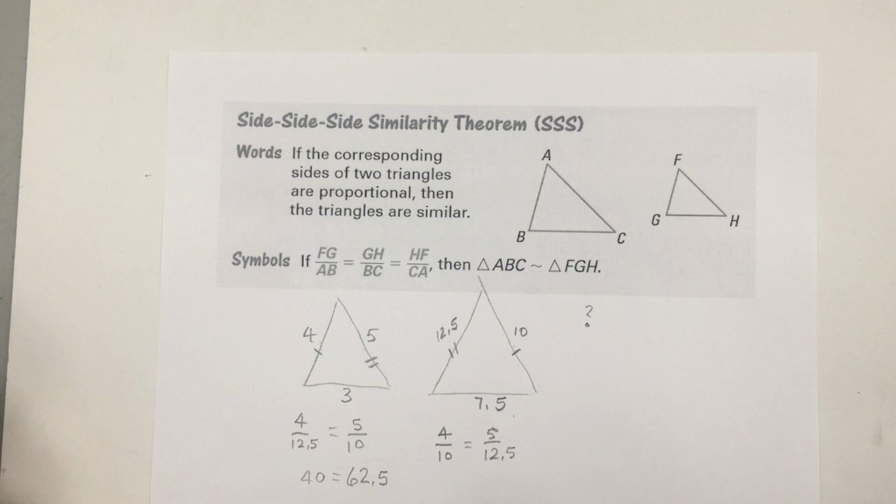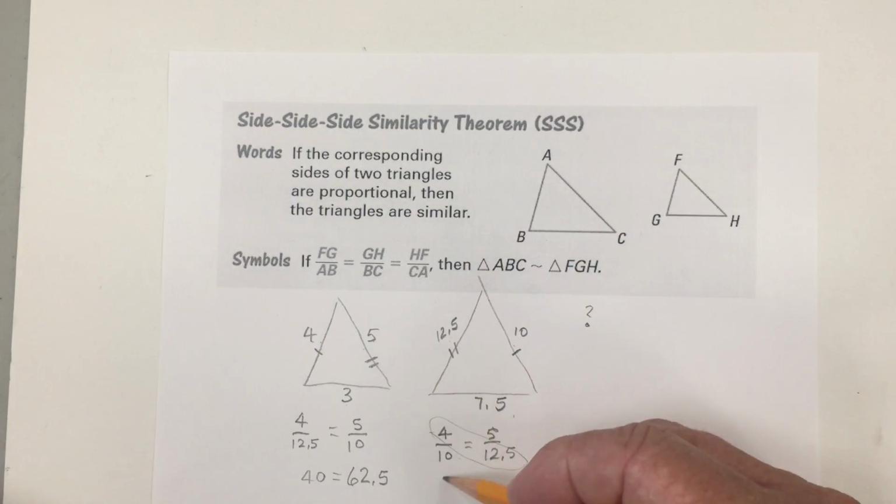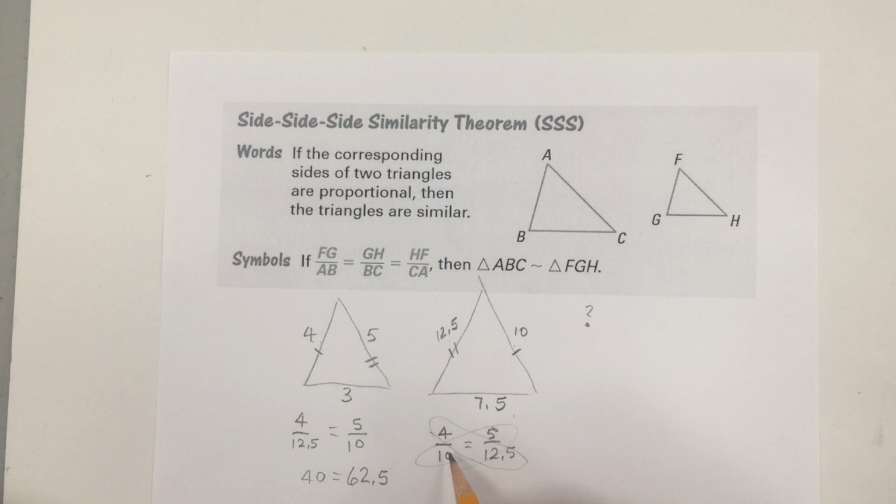So what do we have here? We have 4 times 12.5. We're going to cross multiply, and we find out that this is 50 equals 50. So that's perfect. It matches. All right, so that's good.